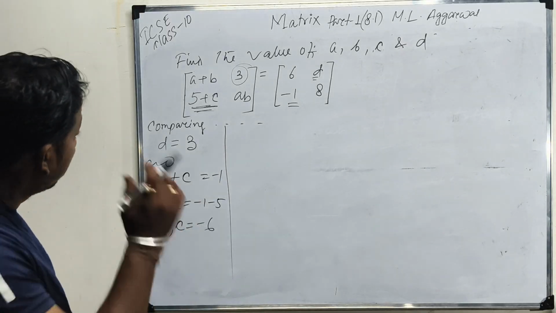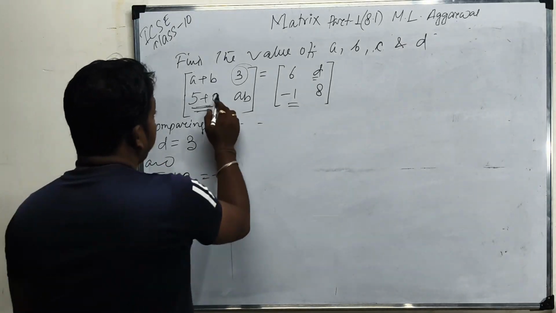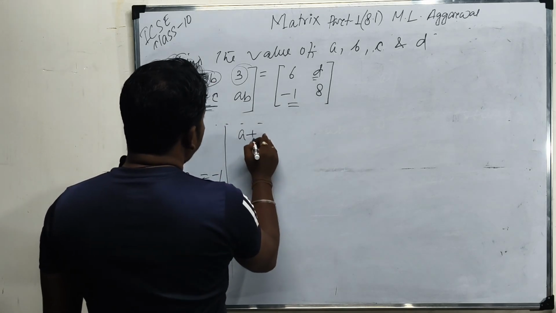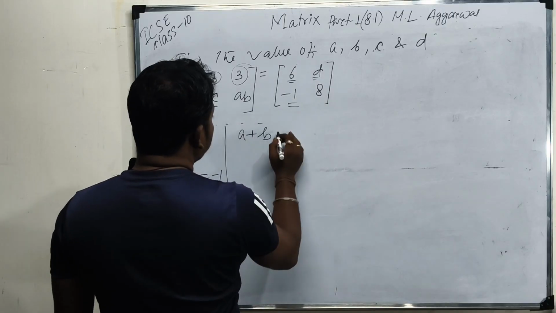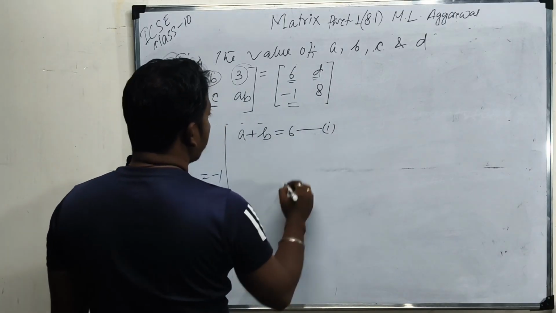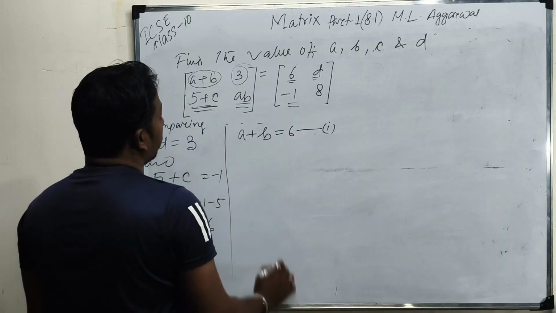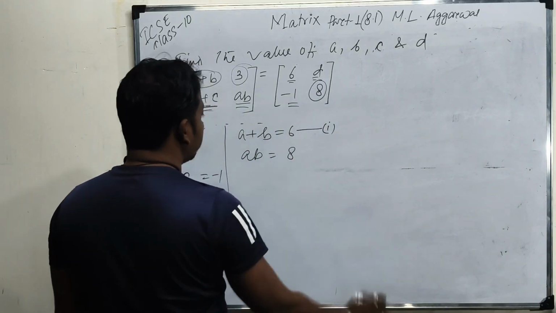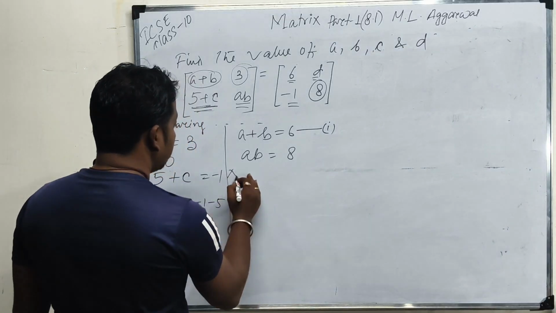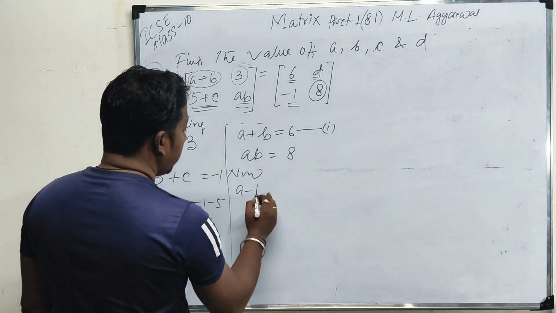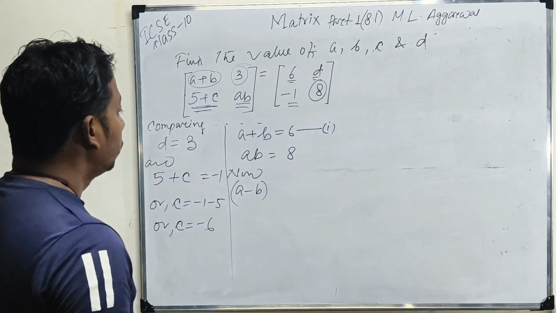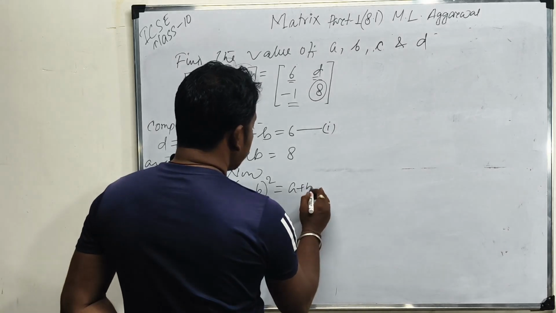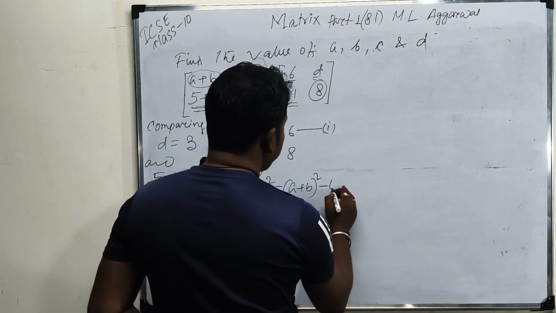Okay, now find out the value of a plus b. Here a and b. The position 1 1 is a plus b, and the value at position 1 1 is 6, equation 1, and the value of ab is 8. Now a minus b whole square is equal to a plus b whole square minus 4ab.